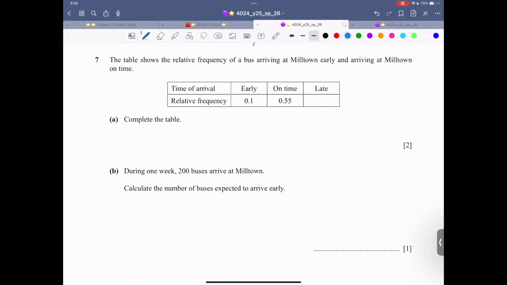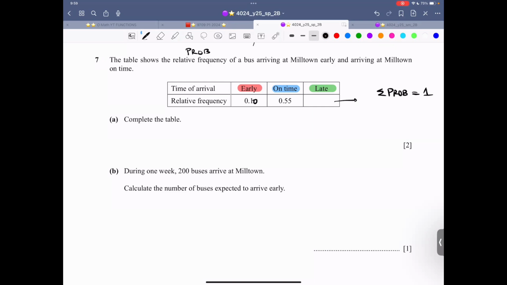It says the table shows the relative frequency of a bus arriving at this town early and arriving at Milltown on time. So now what exactly do they have? They have the relative frequency for early, for on time, and for late. So the sum of all these frequencies, since it's just like a probability, the sum of probabilities, sigma means added up, should add up to 1.